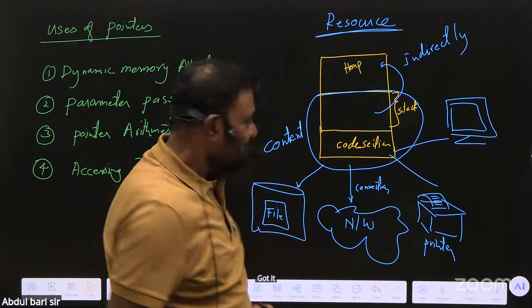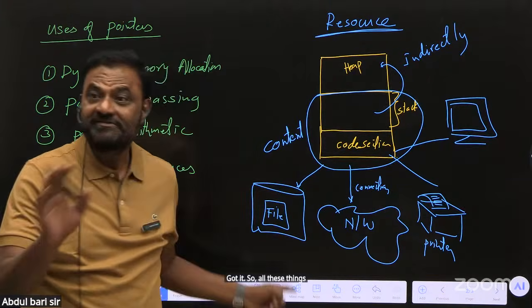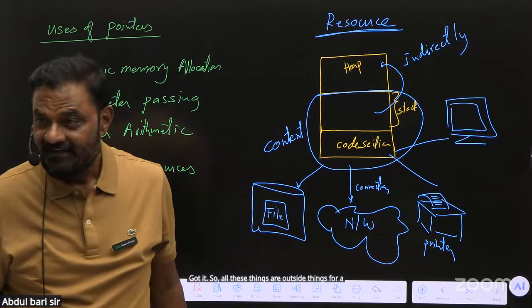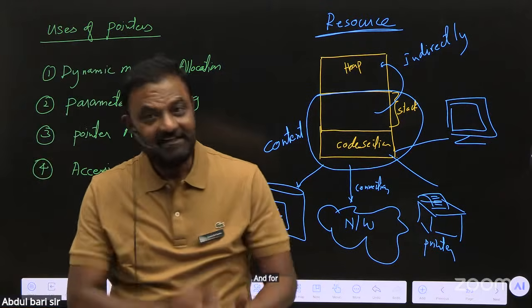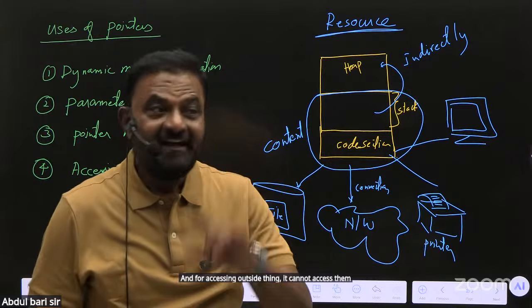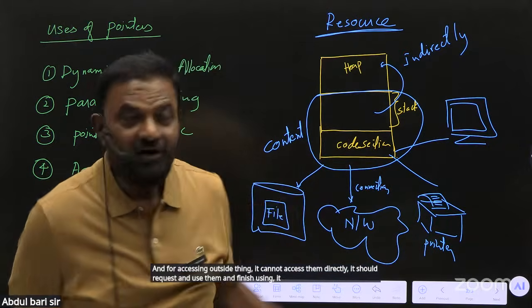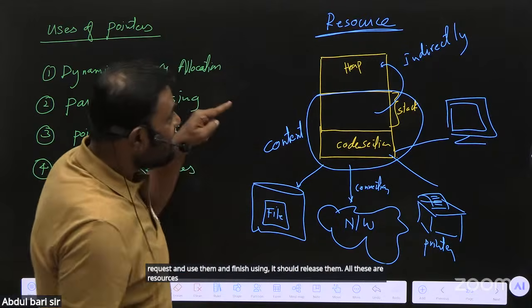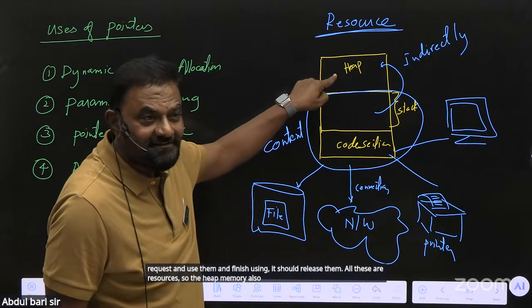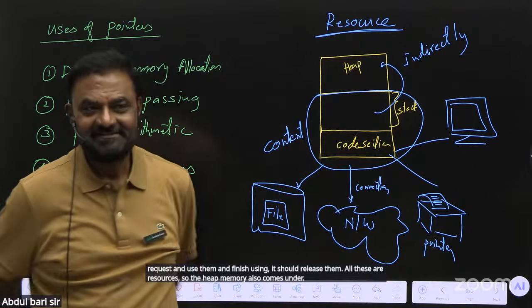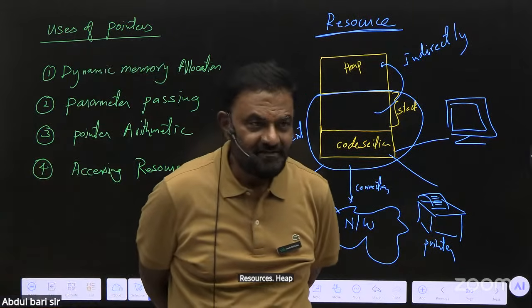Got it? So all these things are outside things for a program. And for accessing an outside thing, it cannot access them directly. It should request and use them, and after finishing using, it should release them. All these are resources. So the heap memory also comes under resources.